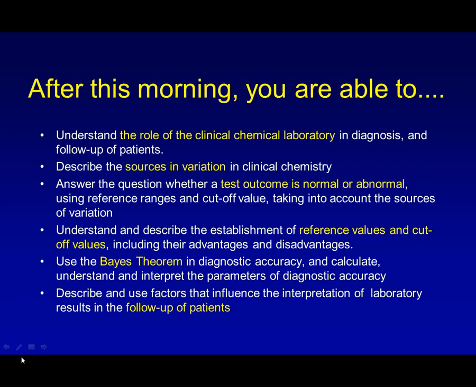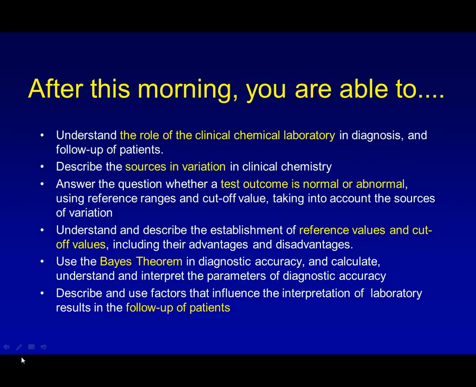After this session, you are able to understand the role of the clinical chemical laboratory in diagnosis and follow-up of patients. You are able to describe the sources of variation in clinical chemistry and to answer the question whether a test outcome is normal or abnormal using reference ranges and cutoff values, taking into account the sources of variation.